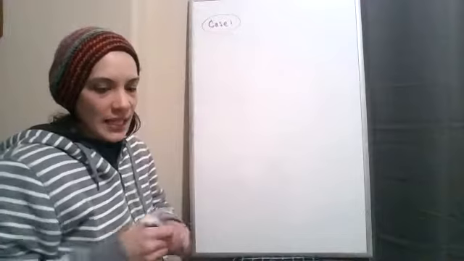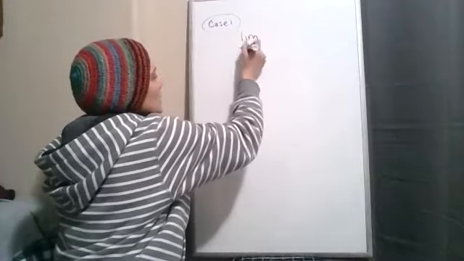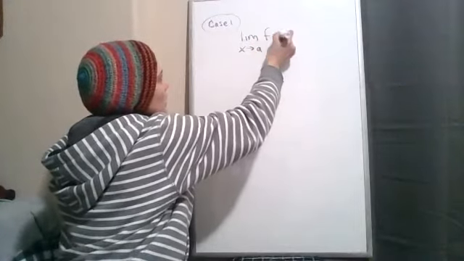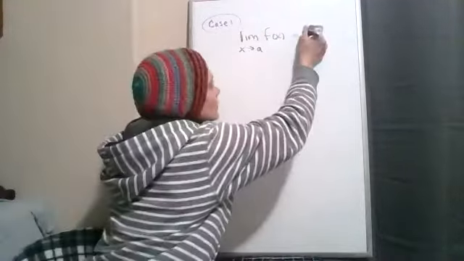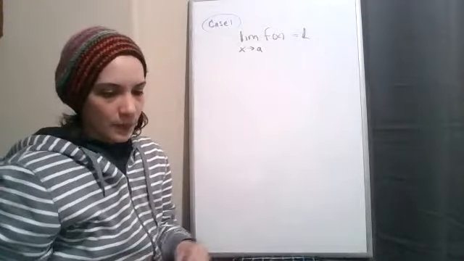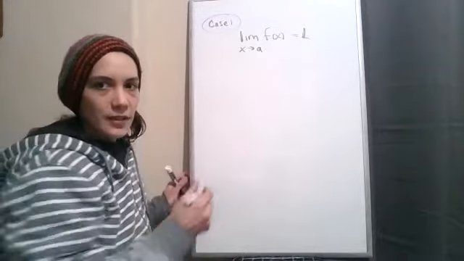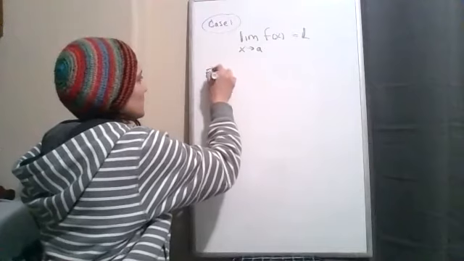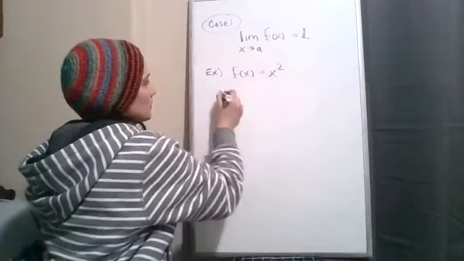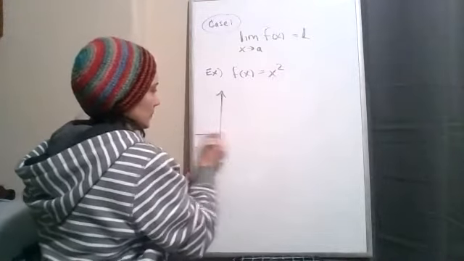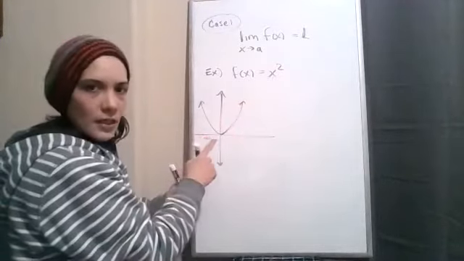Where you have the limit as x approaches a of f of x equals f of a. Okay, so picked an example. You have f of x equals x squared, a parabola that goes through the point 1, 1.